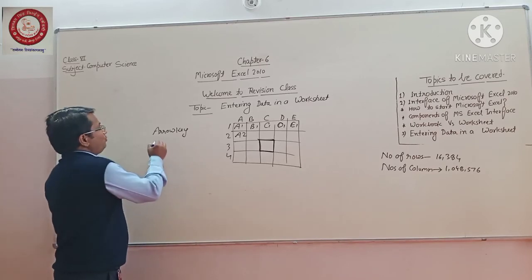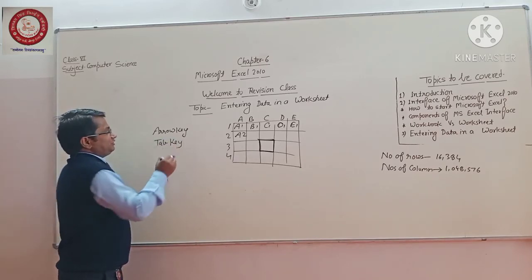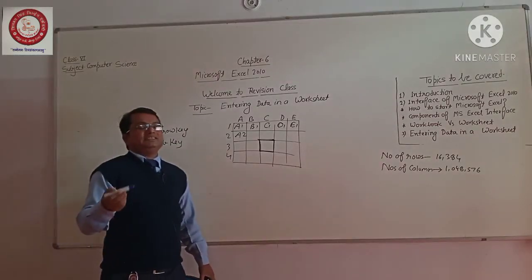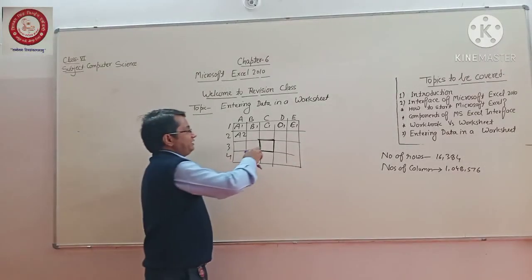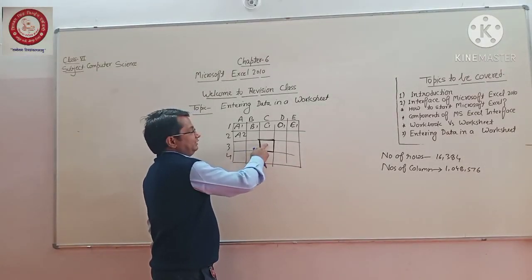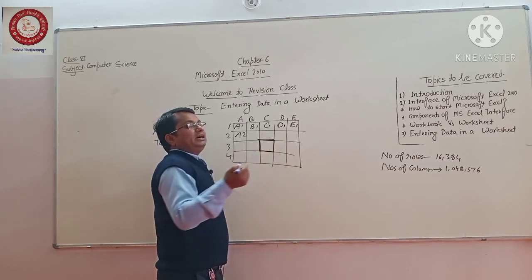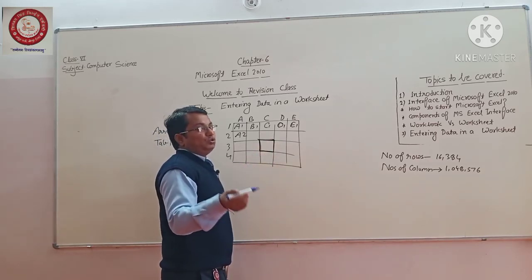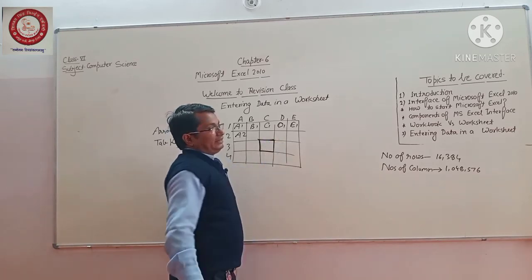One more key is there, that is the Tab key. The Tab key is used to go to the right of your selected cell. Suppose you are here; if you want to go this way, either you can use the right arrow key, or just use the Tab key to move to the next cell.